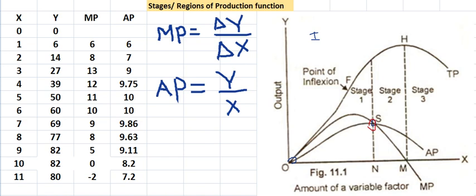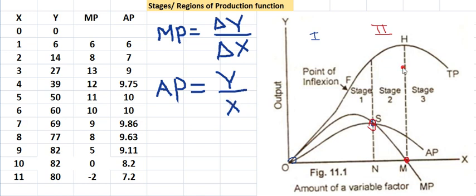Then the second zone of production function. This region obtains when MPP is decreasing and is less than average product. In this region, at the starting point, MPP is equal to average product, and it extends to the point where MPP becomes 0.